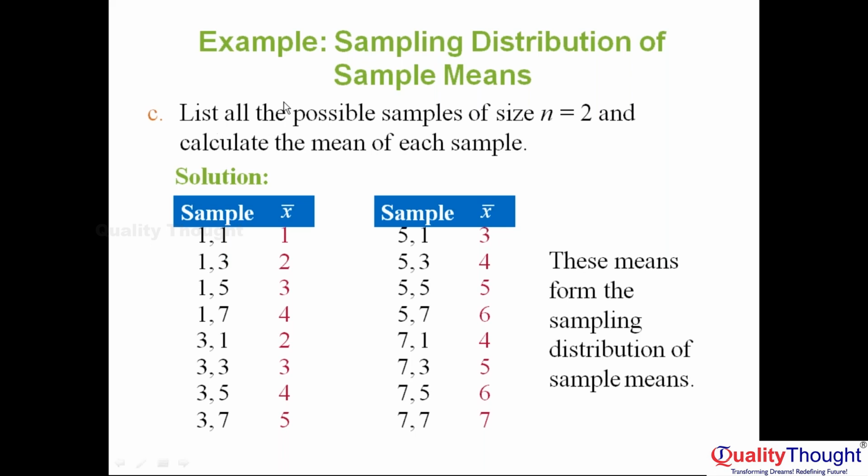Here you can see I have listed all the possible samples of size n equals 2, and I have calculated the mean of each sample: 1, 1; 1, 3; 1, 5; 1, 7; that's the combination; 3, 1; 3, 3; 3, 5; 3, 7. In that way I get all the mean values.